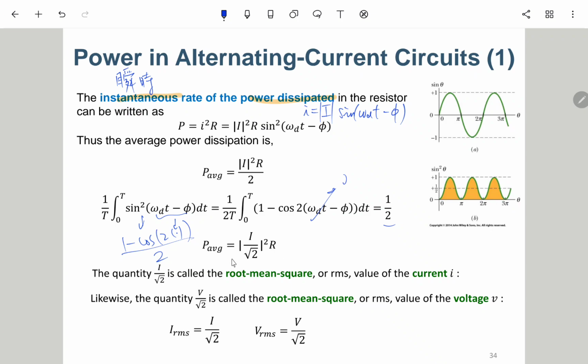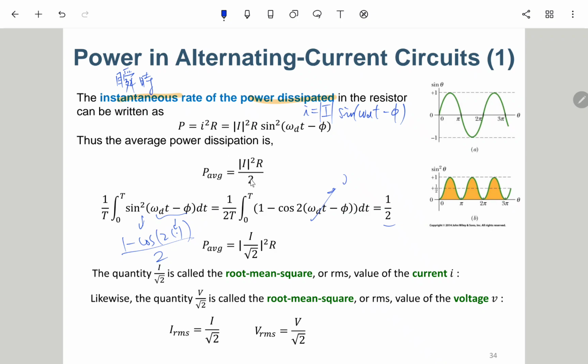So we have this 1/2 factor. This is not good looking, because for the resistor it should be P equals I squared R, but when we talk about P average, we need a factor of 1/2, which is not convenient, or we need to memorize two cases.